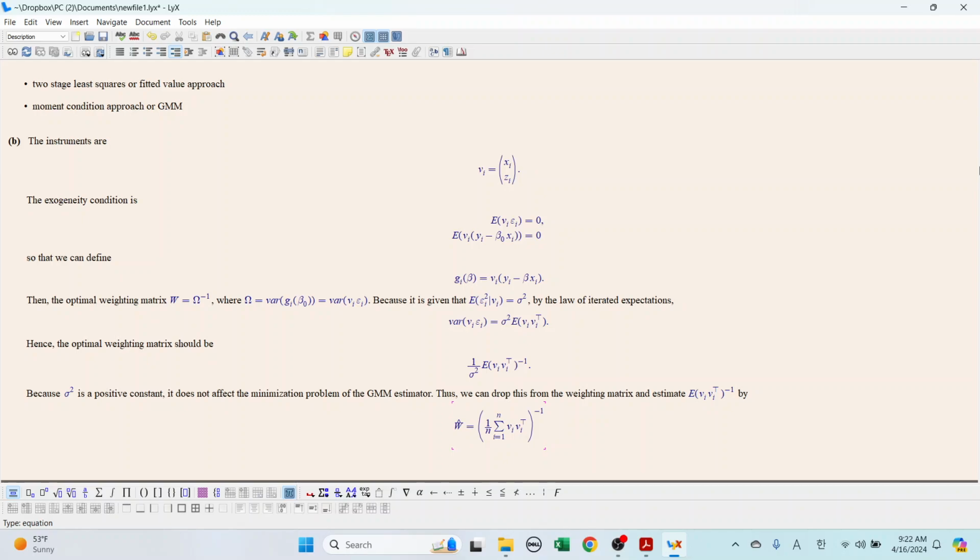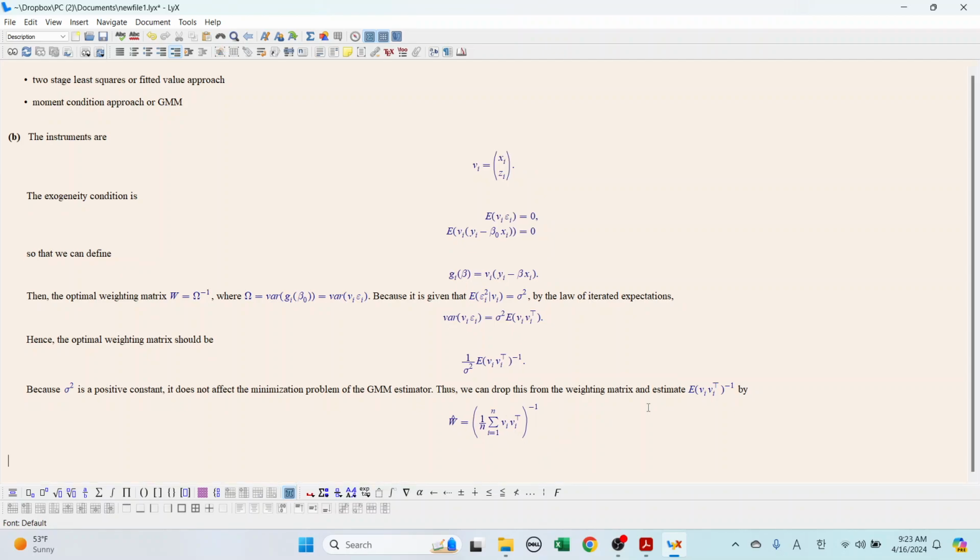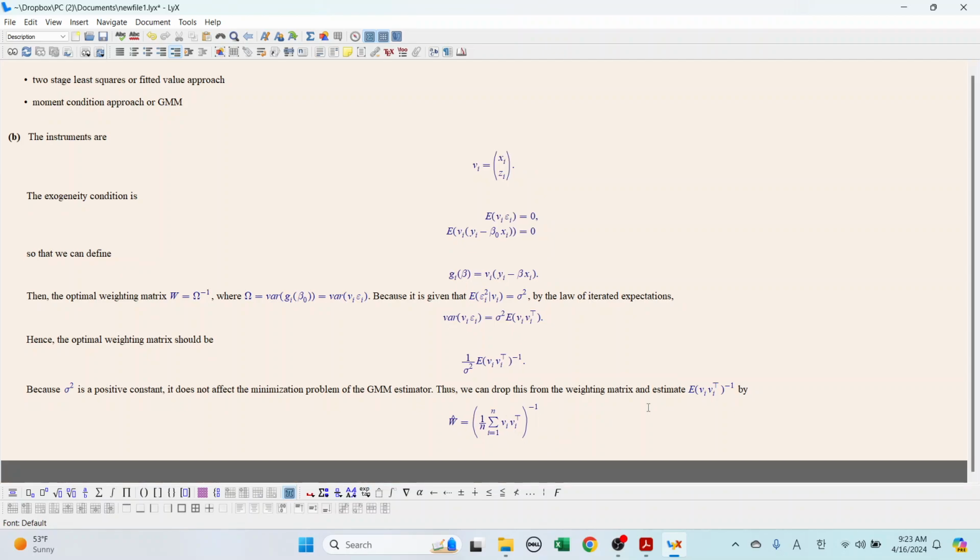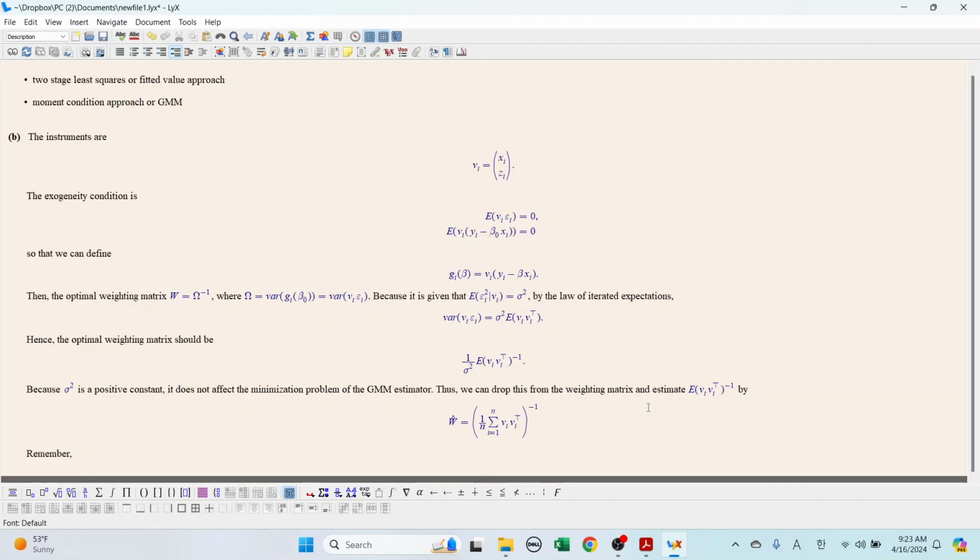Additionally, in this question, I am asking you to use matrix notation. Remember, Vi is a 2 by 1 vector.